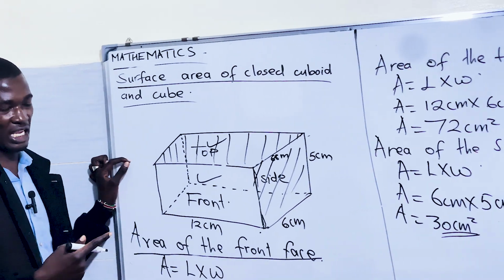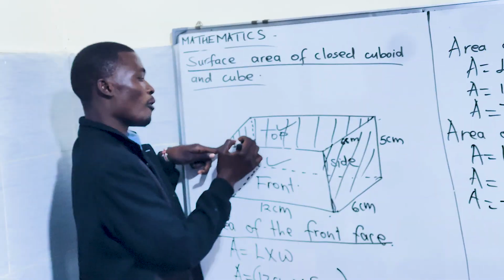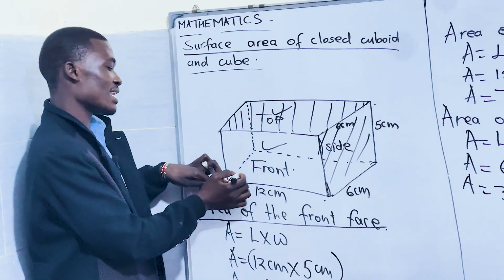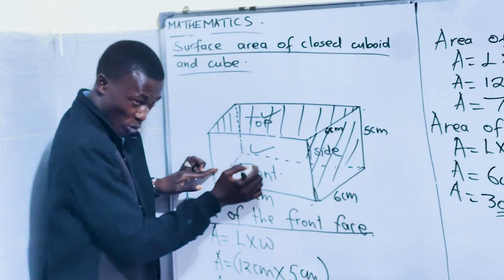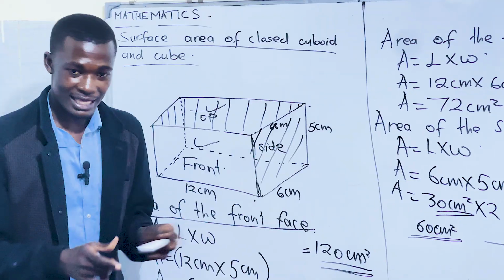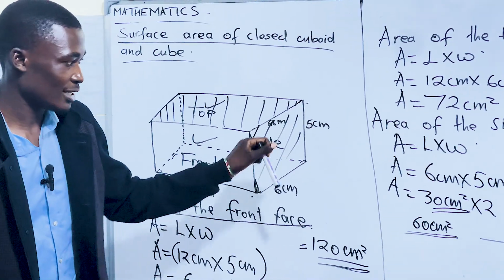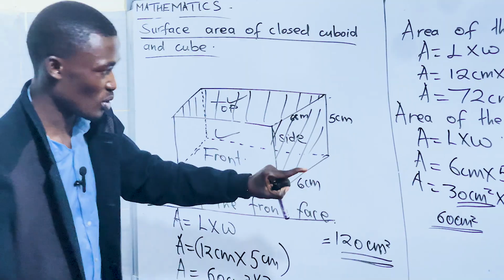And remember we said that this top part has another face that is equal to it at the bottom, that we can also use to get the total surface area this way.